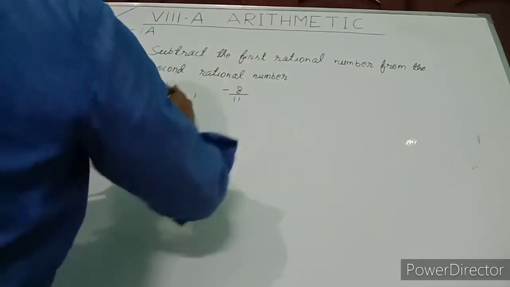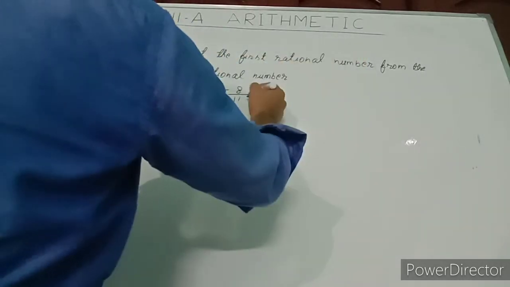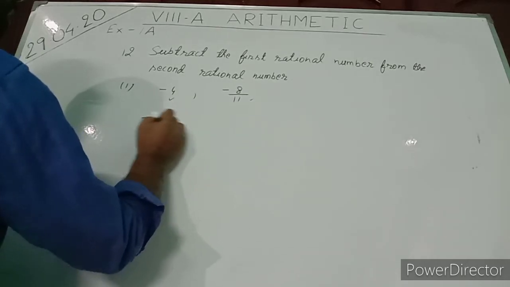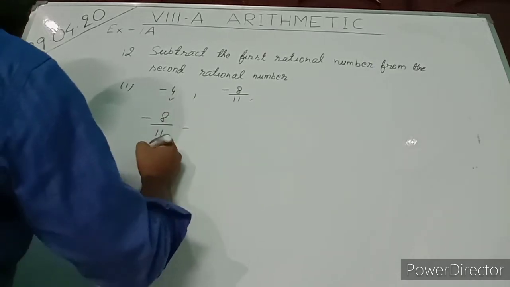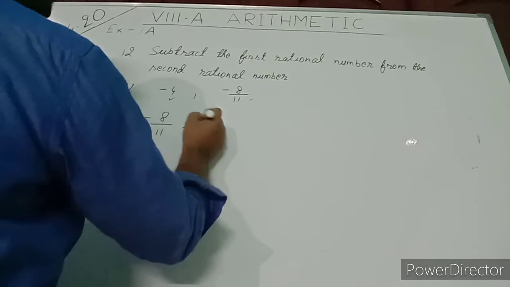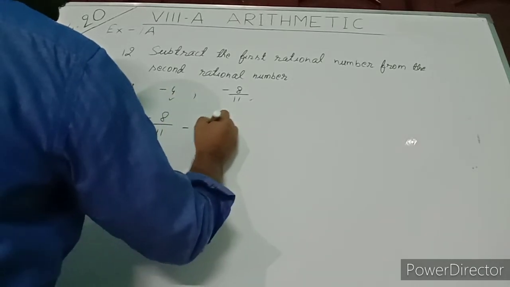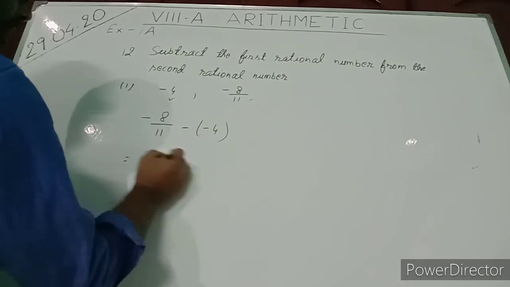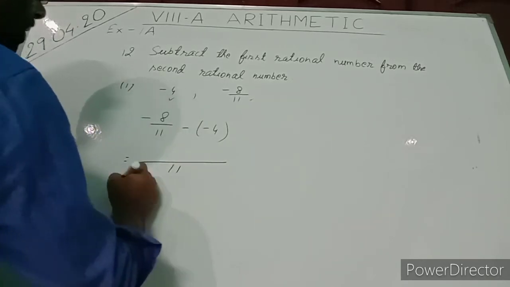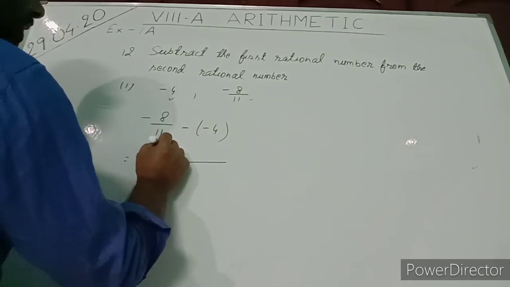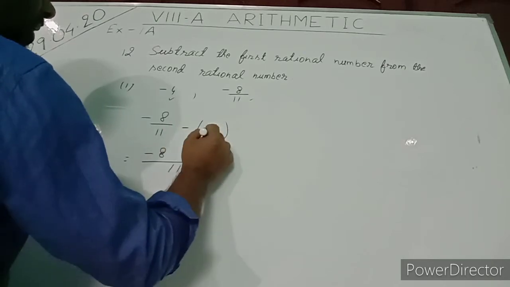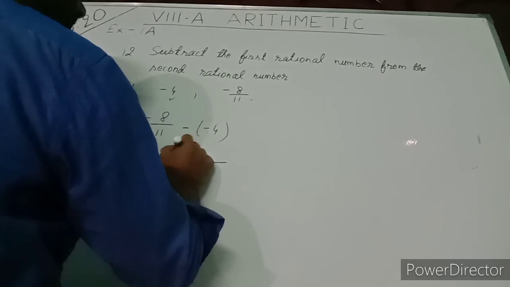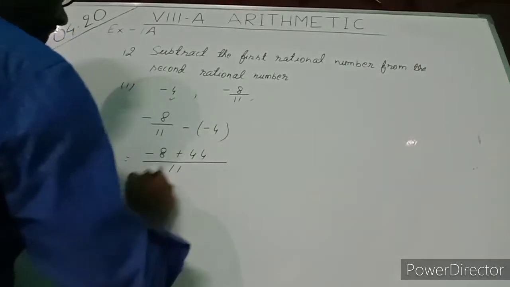Subtract the first rational number, this one, from the second rational number, this one. So at first we write the second rational number, minus 8 by 11. Then subtraction means minus. We subtract minus 4, that you write in brackets, because these two signs should not be used together. Now LCM is 11, 1 minus 8, minus 1 11s are 11, minus plus 11 4s are 44.